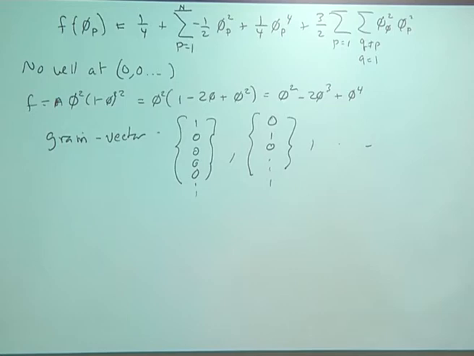So let me illustrate this. Say we have 2 grains in the system. So we have f of phi 1, f of phi 2.